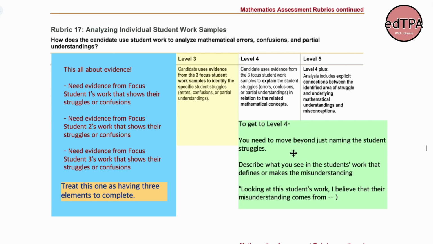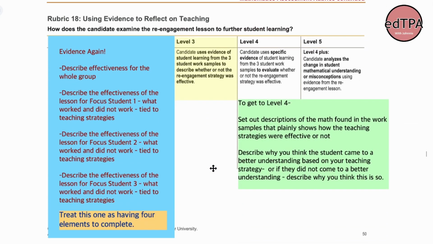To get to level 4, you need to move beyond just naming the student struggles. Describe what you see in the student's work that defines or makes the misunderstanding. And a suggestion for you, looking at this student's work, I believe that their misunderstanding comes from. So you're explaining what you think is going on with the student. So this is rubric 17, just one more.